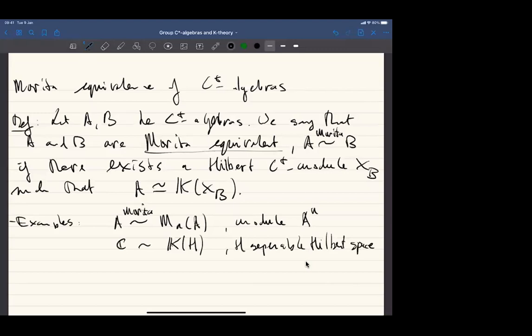And the module is then H itself, with C acting on the right and K of H acting on the left in the usual way. So here in the second example, you see that a unital finite dimensional C-star algebra can be Morita equivalent to a non-unital and infinite dimensional one.